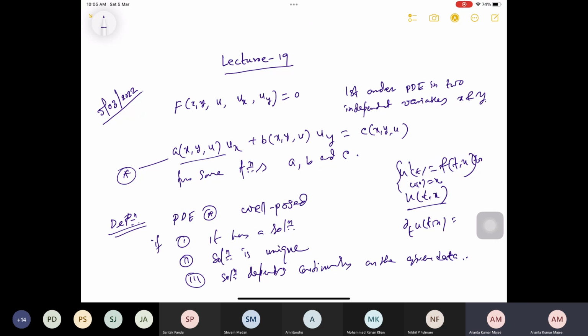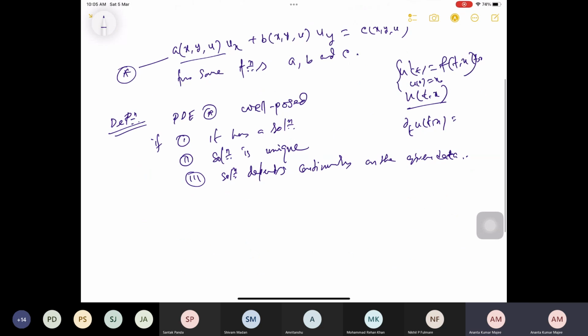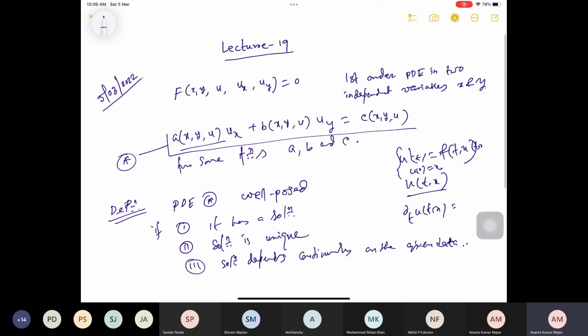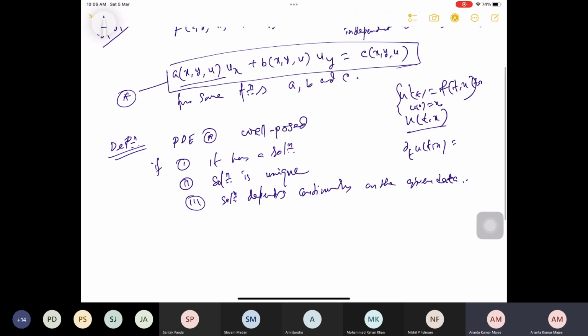The same definitions, I think you have seen for your ODE case. Here we try to solve a quasi-linear equation, that means in this form, and the initial curve is given to you, which I'll discuss later.